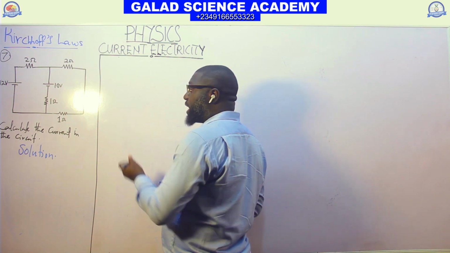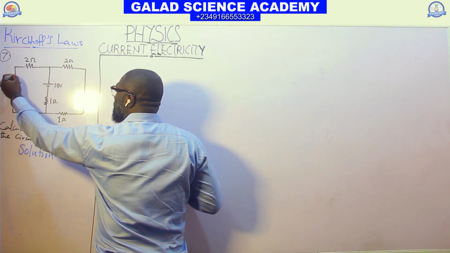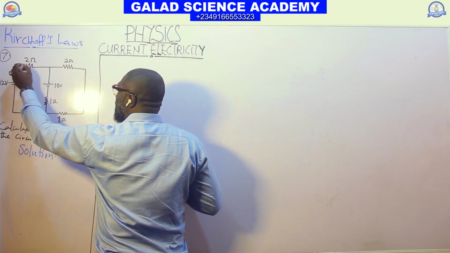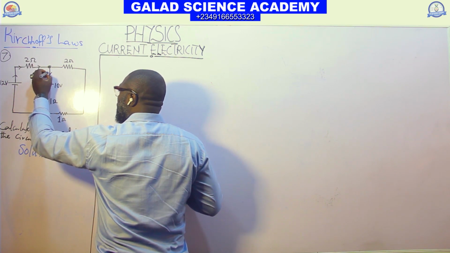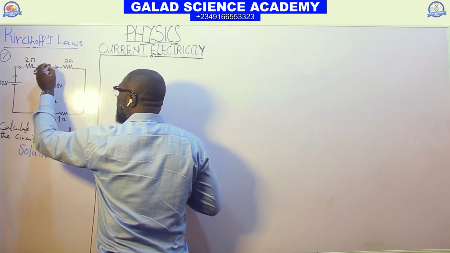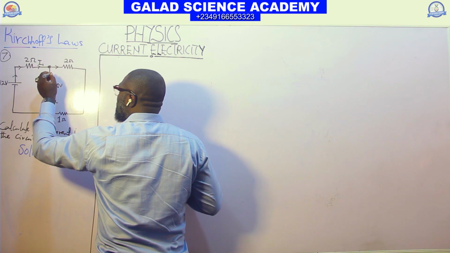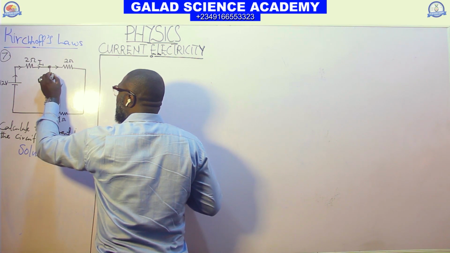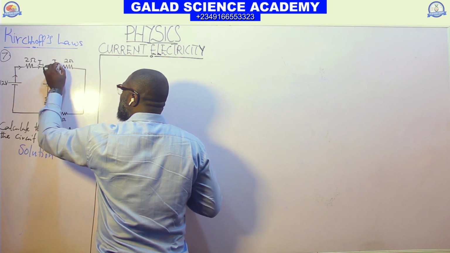So let us locate the direction of the current. This is 10 volts, 12 volts. The current starts from there. This is a junction. The current comes here and the one goes here. So this is the current that comes here. We call it I1. The current we have here, let's call it I2. The current here is I3.